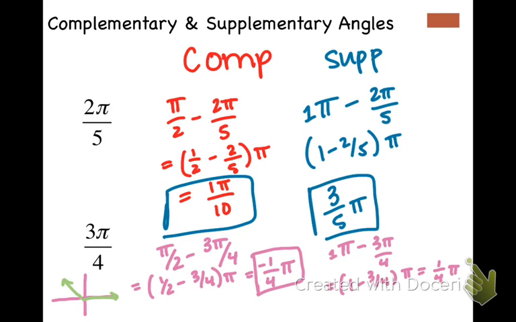Whereas the pi over 2, that's that northernmost point. So to get back to that by adding, I have to add in a negative number. So we have a negative angle, negative 1/4 pi. That's the complement. The supplement is positive 1/4 pi. To get up to 180 degrees, or to get to the pi radians, I would have to add 1/4 pi.